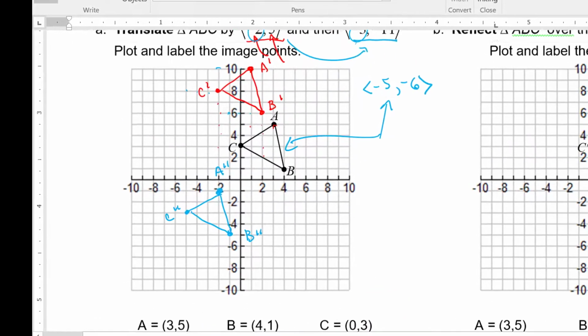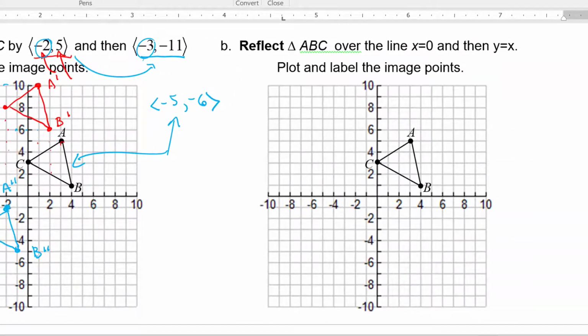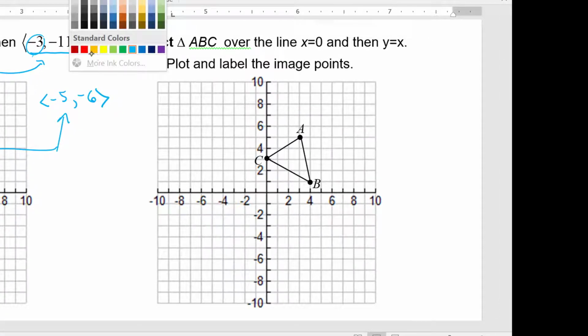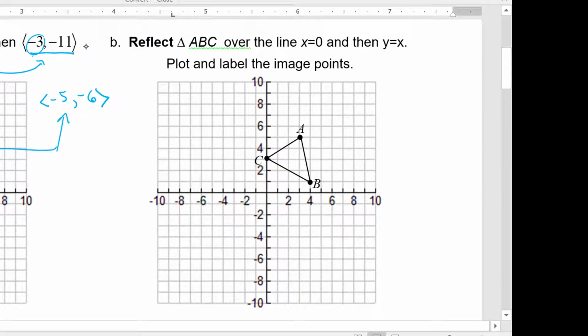Okay, the next thing we're going to look at is reflections. I'm going to reflect the same figure over the line x = 0 first. The line x = 0 is simply the y-axis right here. If I reflect this, the C is not going to go anywhere because it's on the y-axis.